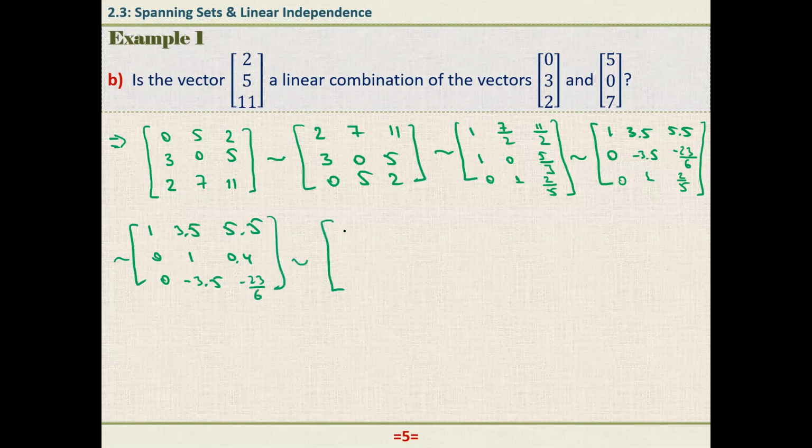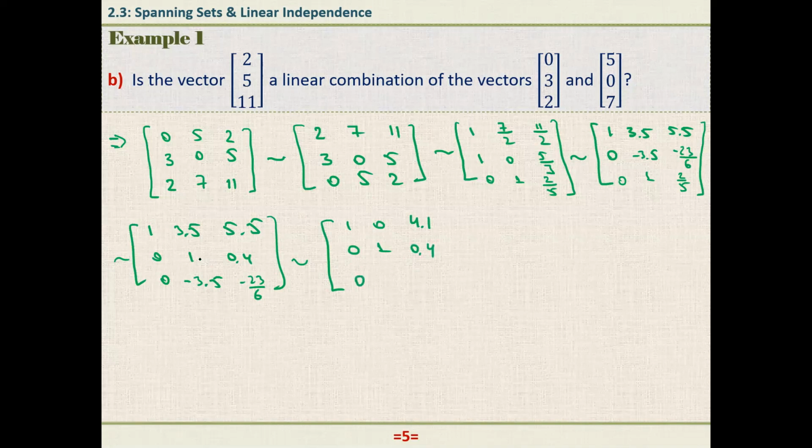Okay, so 1, 0, here we have 1, multiply the second row by 3.5 and add to the first row. So here we will have 0, that is minus, we multiply by 3.5 times 0.4, and we just add 5.5, that's equal to 4.1, and here we have 0.4.